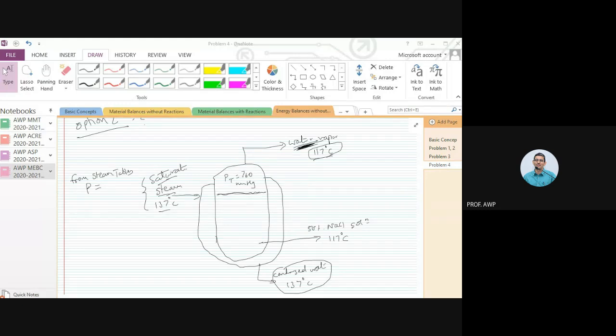So open your steam tables, and can you tell me what is the saturation pressure corresponding to 137 degrees centigrade? Sir, it's near 330 megapascal.